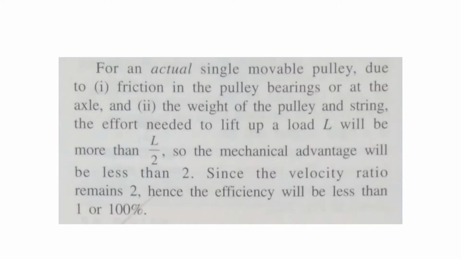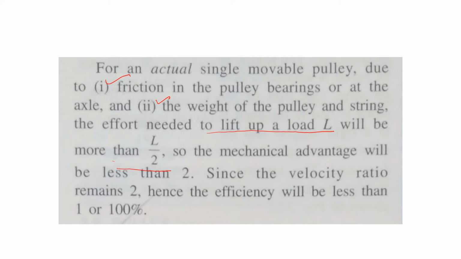Now for an actual single movable pulley, due to number 1, friction in the pulley bearing or at the axle, or number 2, the weight of the pulley and the string, the effort needed to lift a load L will be more than L by 2. So the mechanical advantage is less than 2.